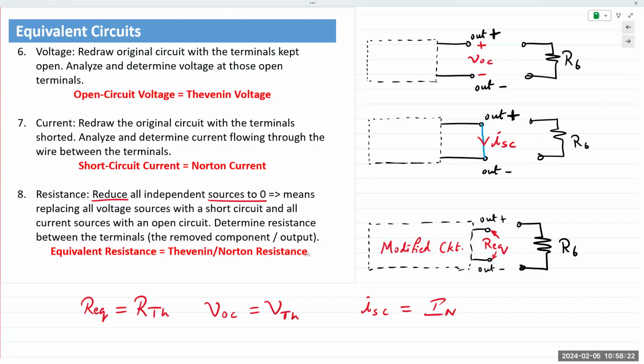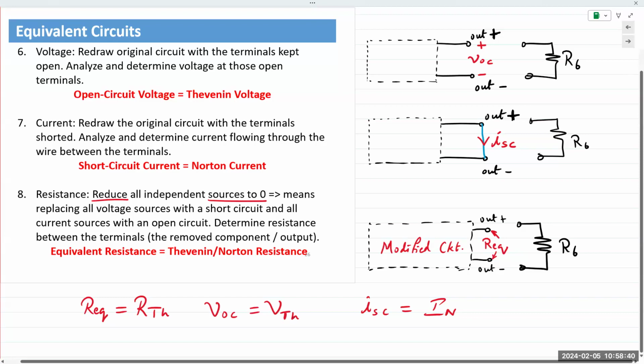Okay, that short circuit would take out everything in parallel with it. Again, it's a short circuit. So if there's a resistor or two resistors in parallel with that short circuit, they are now all eliminated. Anything in parallel with a short circuit is effectively removed from the circuit because all the current will be going through that pathway.